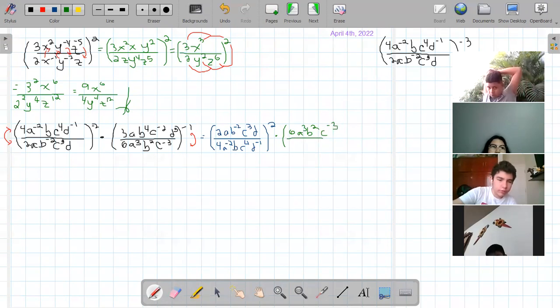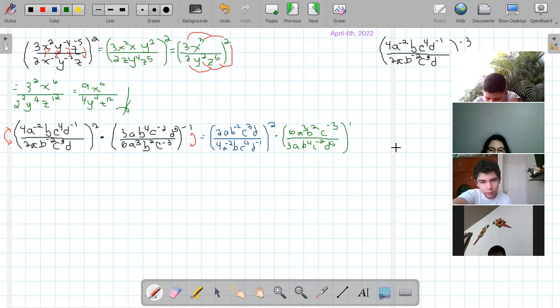And everything is going to be over 3a b to the fourth power c to the negative square b to the fifth power. And now this negative exponent will become a positive 1, but I don't need exponent 1, so I'm not going to place it. Okay, I'm just going to leave it like that.